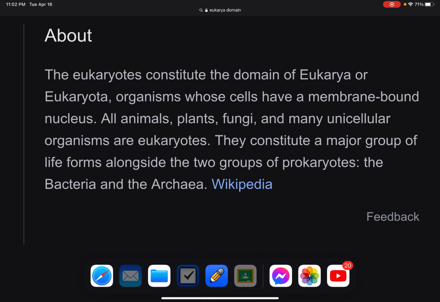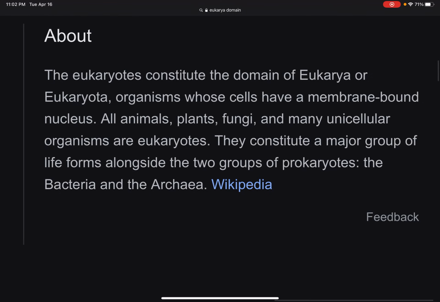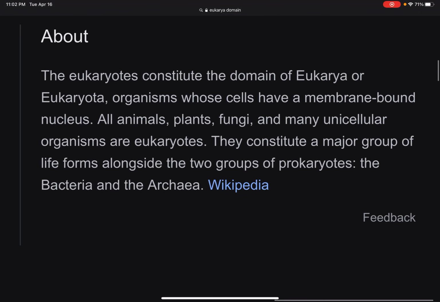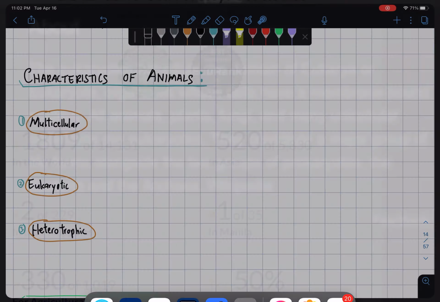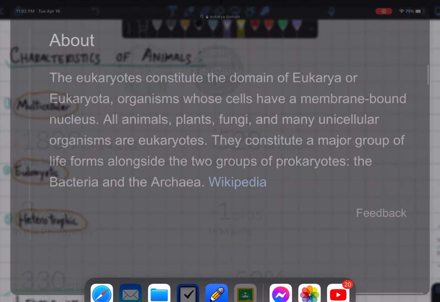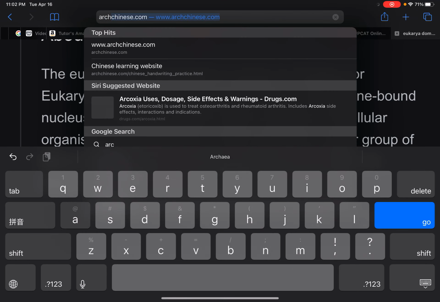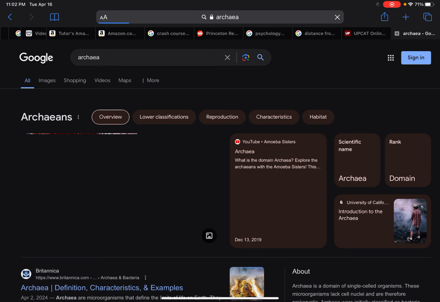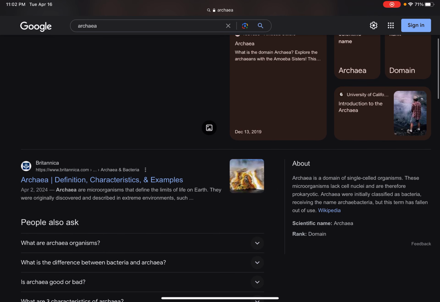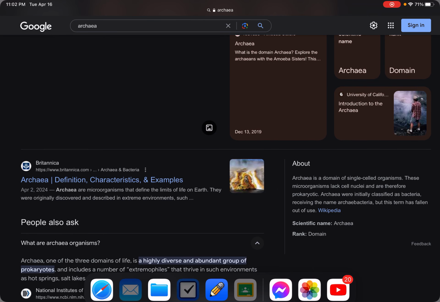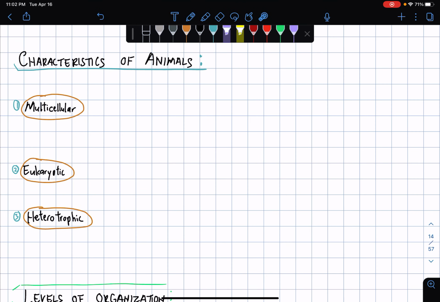But that's not our focus right now. We're focusing on animals. Bacteria is different. Archaea, I'm not sure. Let's search what archaea is. It's always been familiar. Okay, so technically they're unicellular.